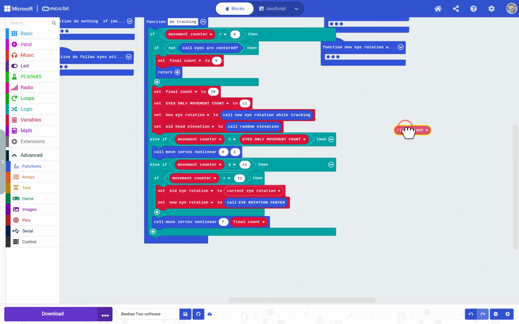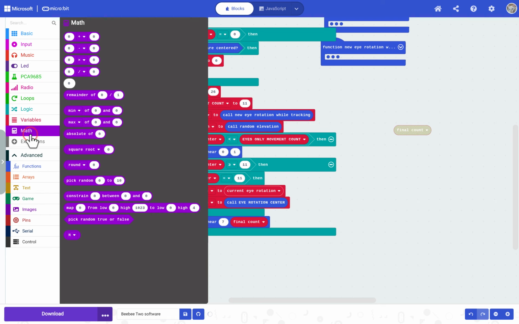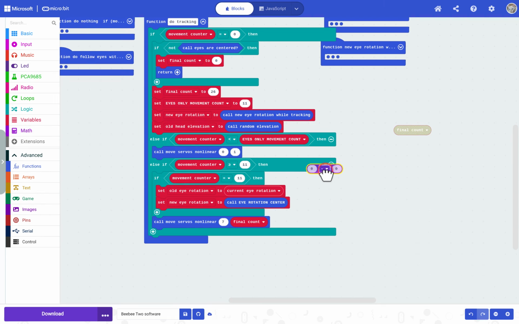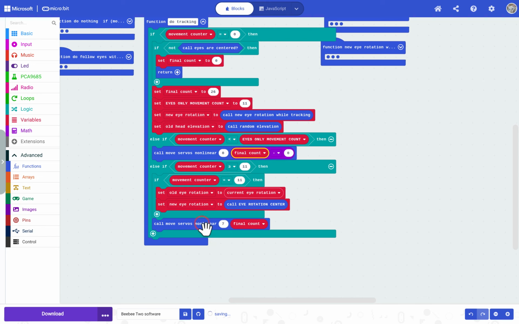Now, one thing I need to do here is a little bit of math, and the reason for that is that I want the eyes to move relatively similar to when we start moving the head. I don't want it to look like the eyes are moving at a different rate.